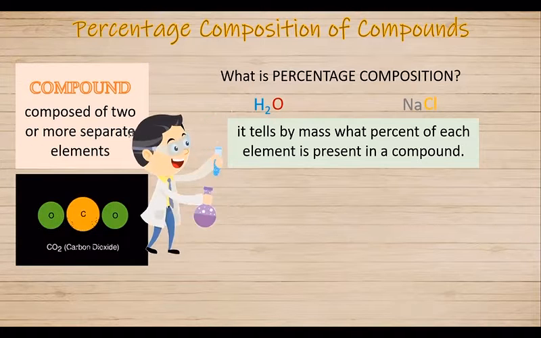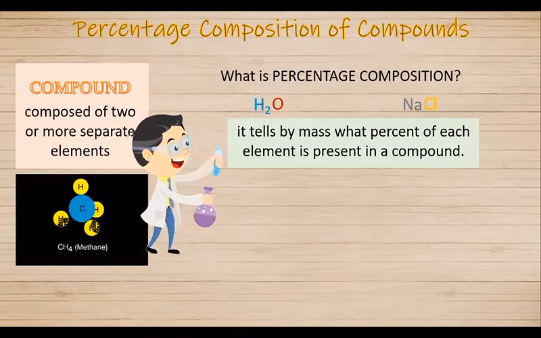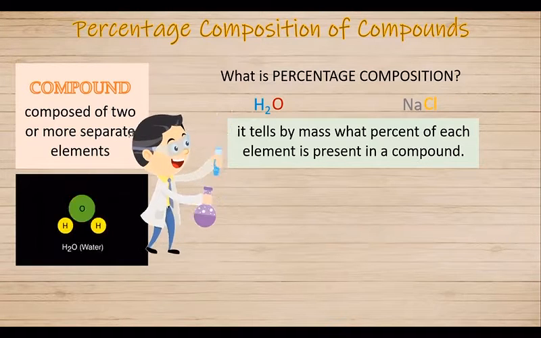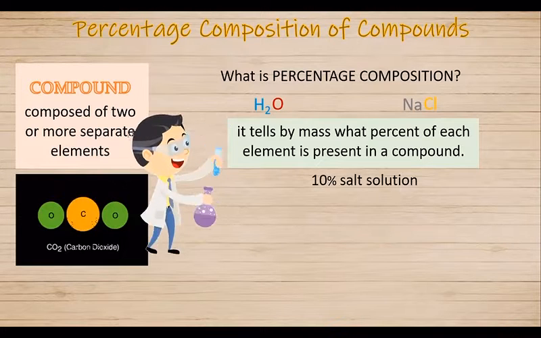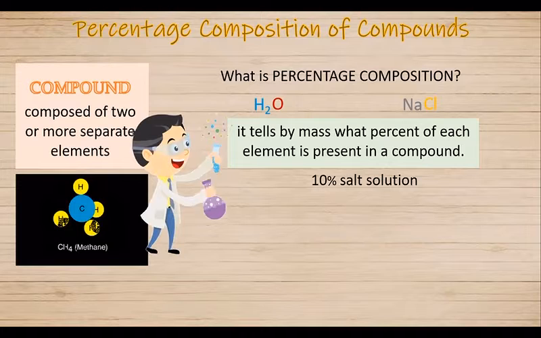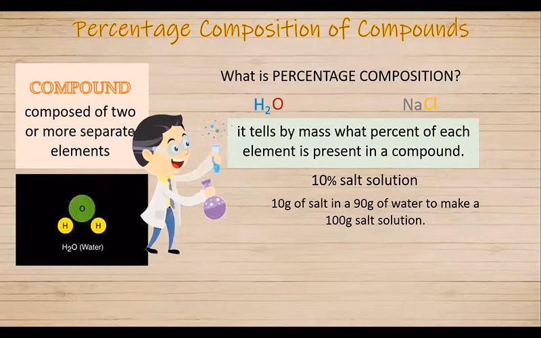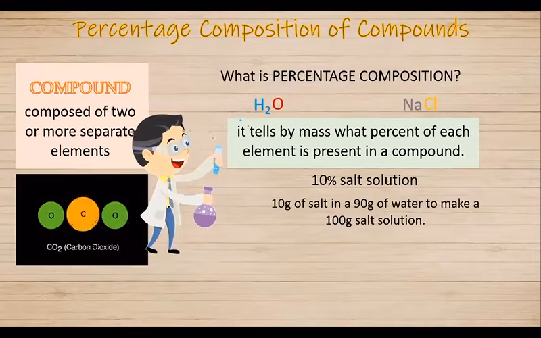Like for example, in the laboratory, you may perform experiments that will require to prepare solutions or verify the purity of substance, such as the 10% solution salt. If you are asked to prepare it, you dissolve 10 grams of salt in a 90 grams of water to make a 100 grams salt solution.